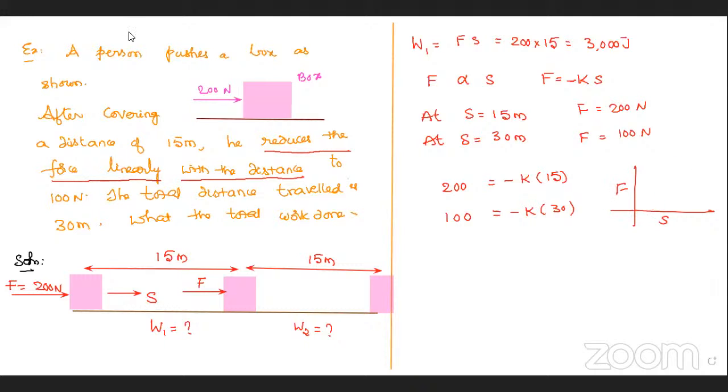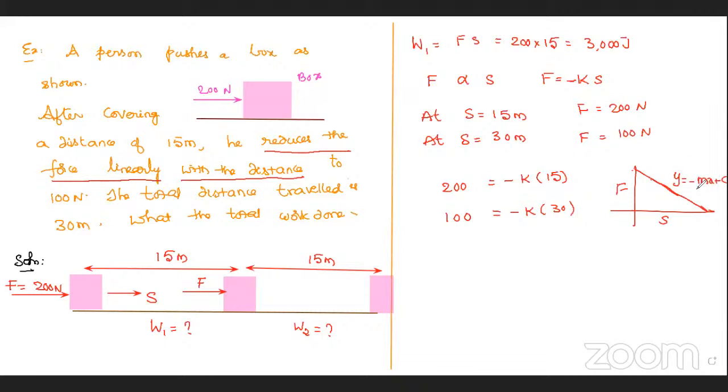If you see in the F-S graph, force value is decreasing with the increase of displacement. The graph, if you take, you will get like this. For this type of straight line, what is the equation in your mathematics? Y equals minus mx plus c, am I right?